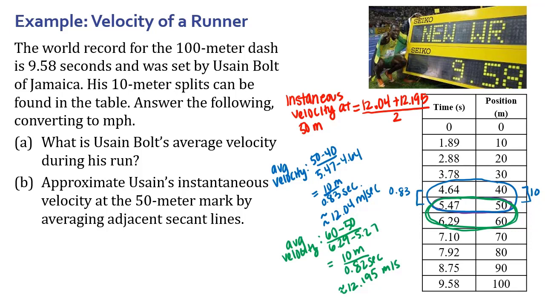Finding the average, you add them together and divide by how many you have. That gives me approximately 12.175 meters per second. So if we were approximating his instantaneous velocity at the 50 meter mark, we would say it is approximately 12.175 meters per second.